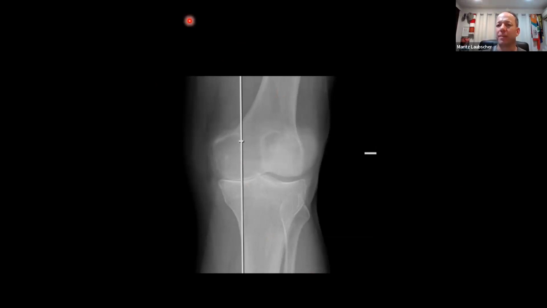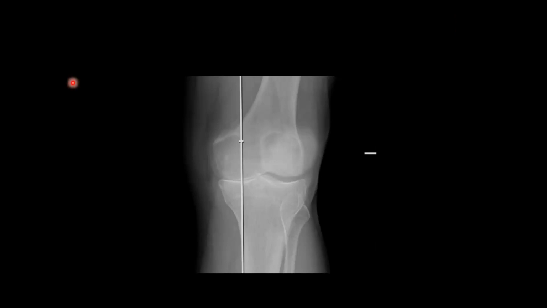Okay, good. Any more information that you would like? Yeah, there's a lot, I suppose, but in terms of deformity planning, we can assume that that white line is the mechanical axis, so we can see the overall alignment is in varus. So you're going to have to factor that in when you are doing your deformity correction.